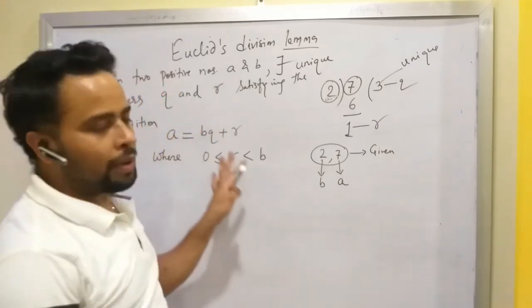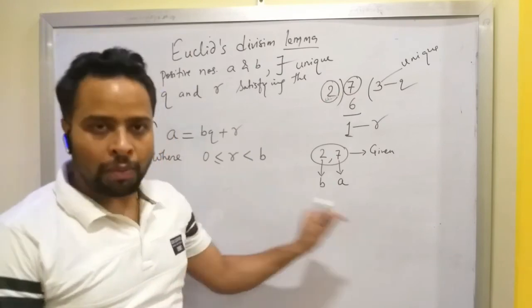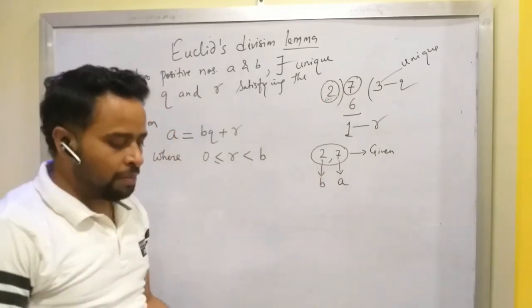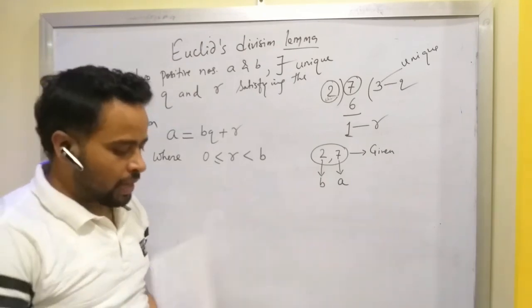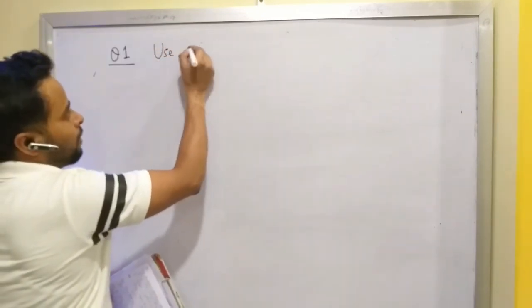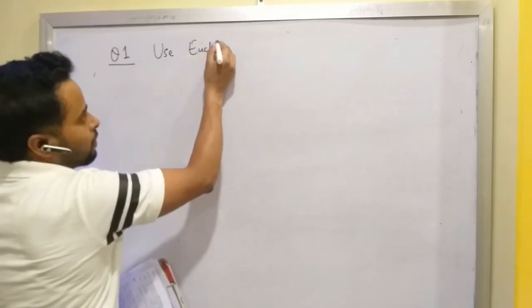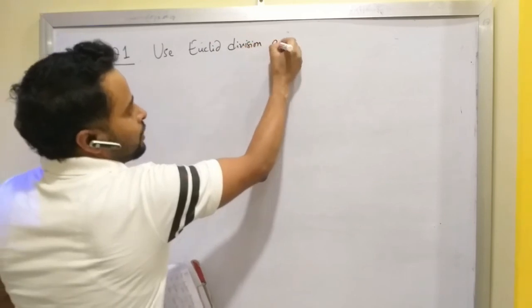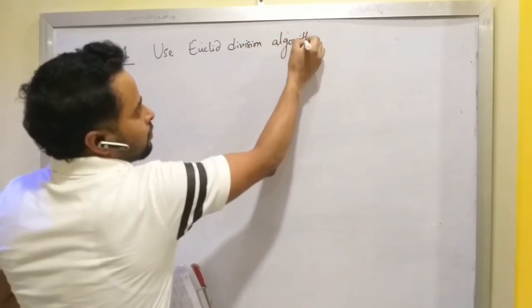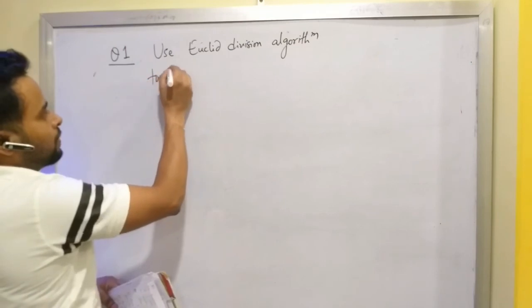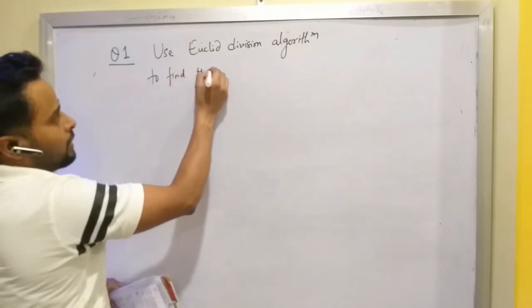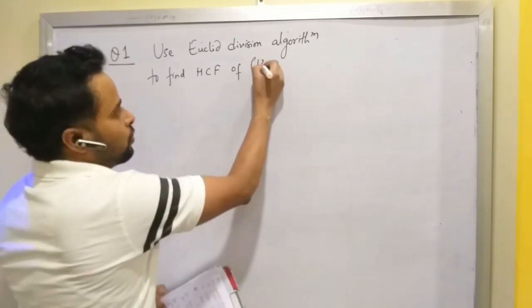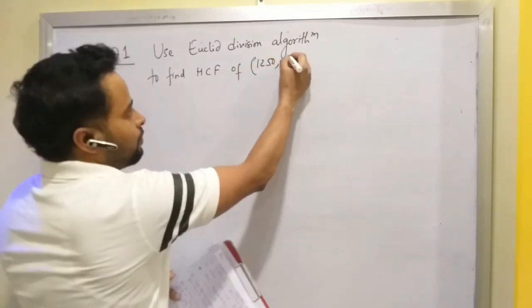Please copy this properly, keeping a pause, so that we move on to the first of the important questions: use Euclid division algorithm to find the HCF of 1250 and 15.